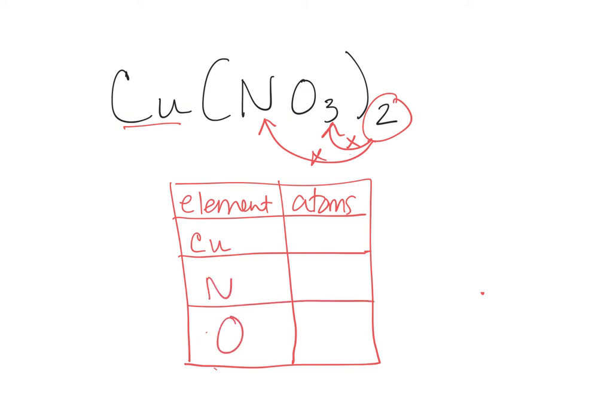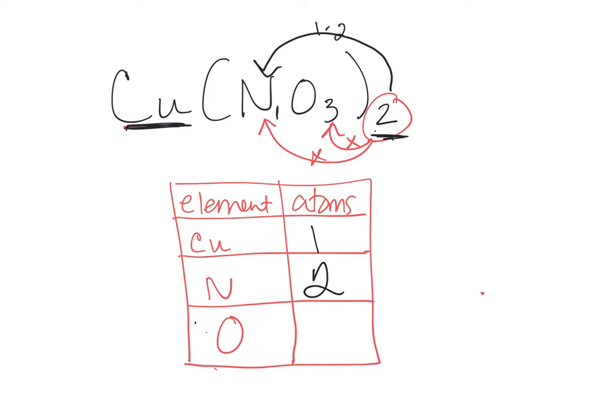The Cu does not go to this subscript over here, so we just have 1 copper. So he's easy peasy. Now let's look at nitrogen. I'm going to take this subscript times his subscript, which is a 1, remember, because there was nothing there. So 2 times the 1 is 2. So I have 2 nitrogen.